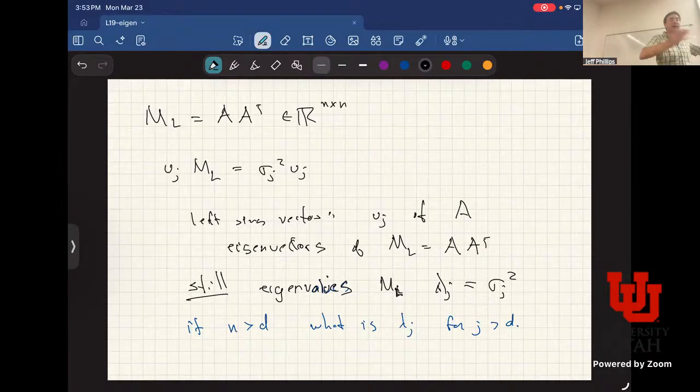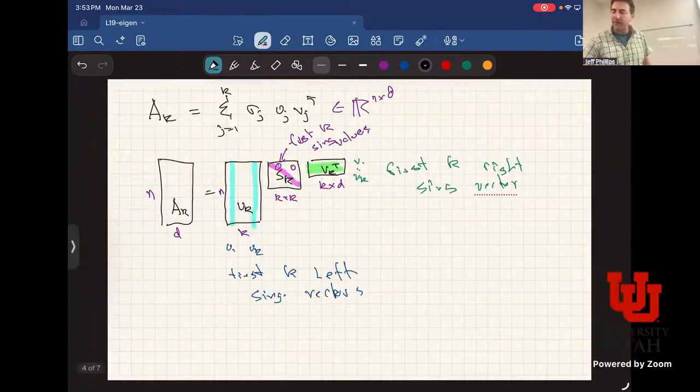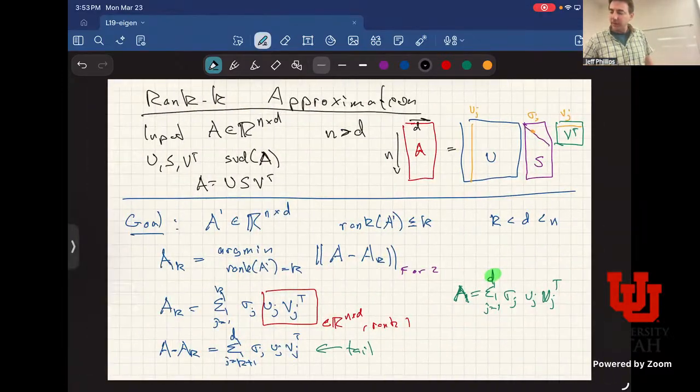I can remember back to this decomposition, this green one here, I can reconstruct A by summing these things up. But if it was only rank 8, less than D, then some of these things don't matter whether I include them or not. I can stop after the first 8 of them. That would mean I would just set this to 0. It doesn't matter what these are because I'm adding something that's all zeros.